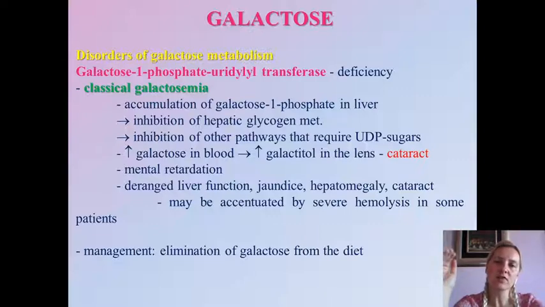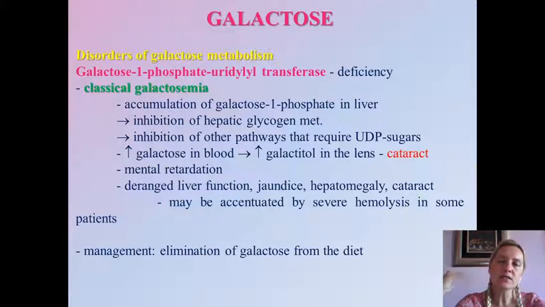As a result of the improper function of this enzyme, accumulation of galactose 1-phosphate in the liver occurs, which inhibits hepatic glycogen metabolism, and it also inhibits other pathways that require UDP sugars, and there are many of them. I'm going to mention some of them in a couple of minutes.